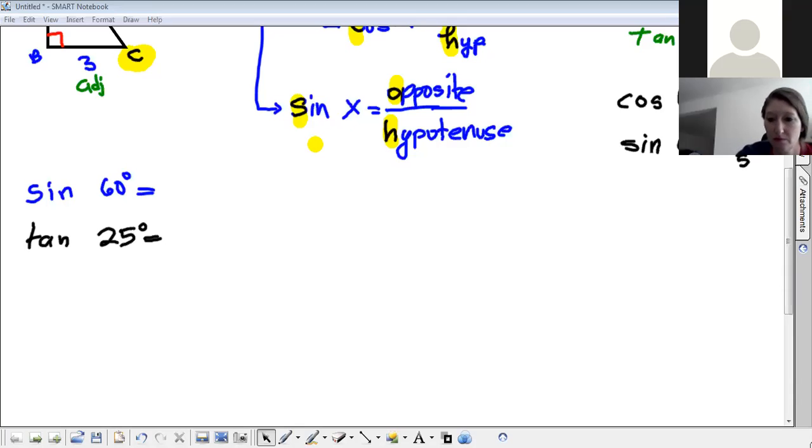Do it how you prefer to do it. Remember, once you get the answer, text it to me or say it out loud. The cosine of 72 degrees.